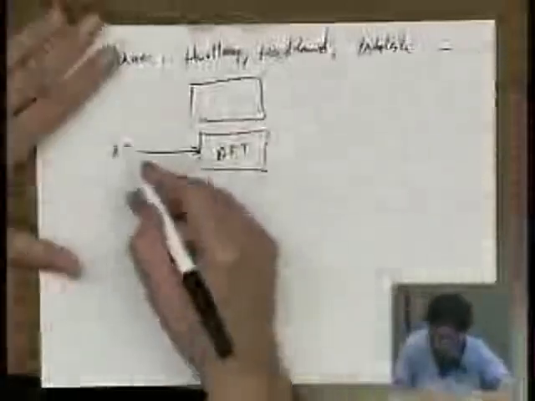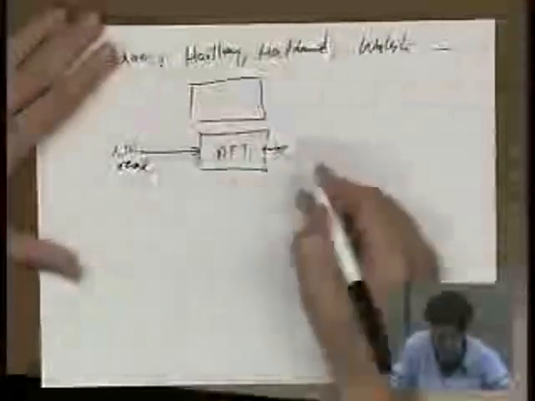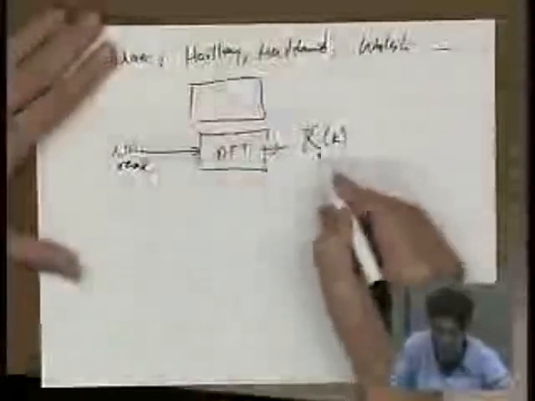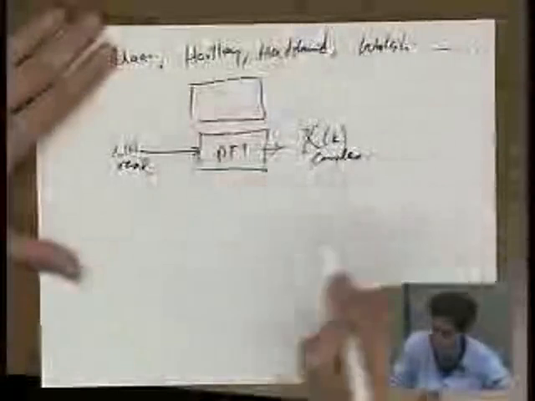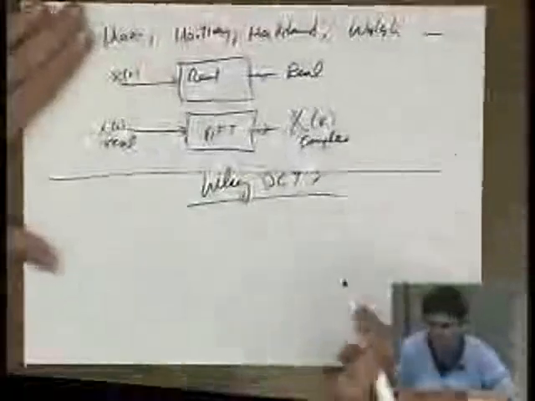Well, with DFT, if I have a real sequence, out comes X of k, which is a complex sequence. It is conjugate symmetric for sure, but it's still a complex sequence. With DCT, given a real sequence, out comes a real sequence. So that's already one advantage. But why DCT? And who figured out to apply DCT to images and video?